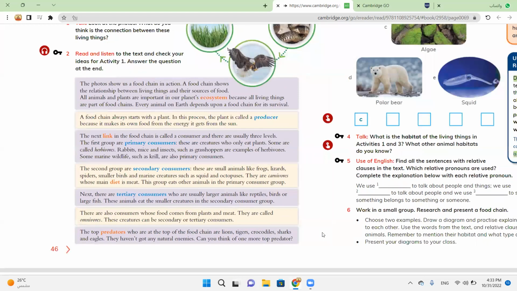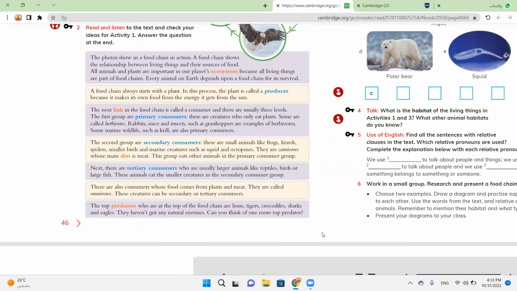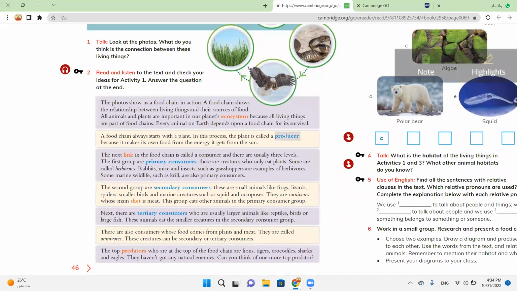Okay, so like we have listened, there are types of animals. We have first not an animal, we have the food chain's main point, which is a producer, because it makes its own food. That's why we call it a producer. Then the rest are all consumers.